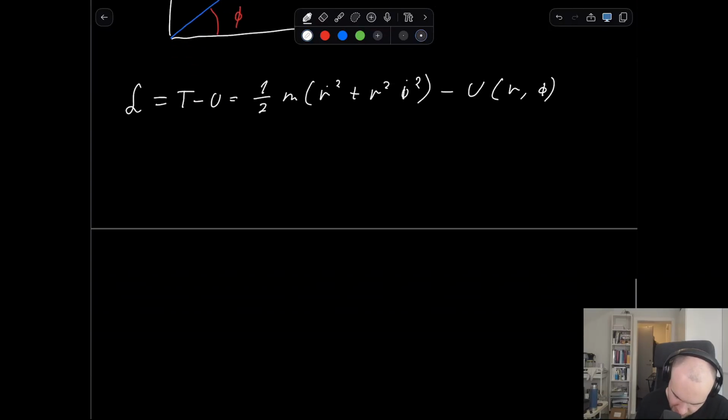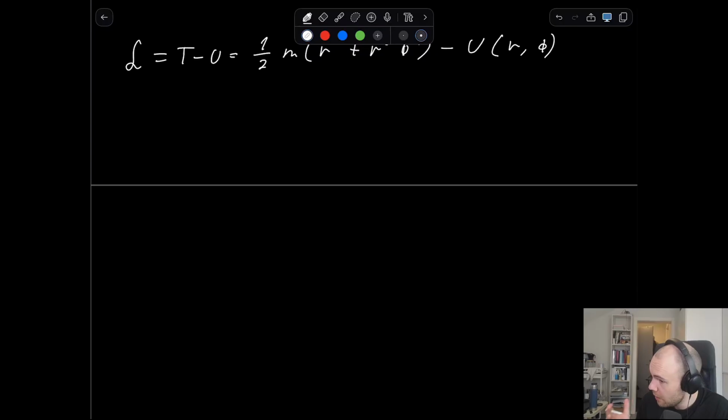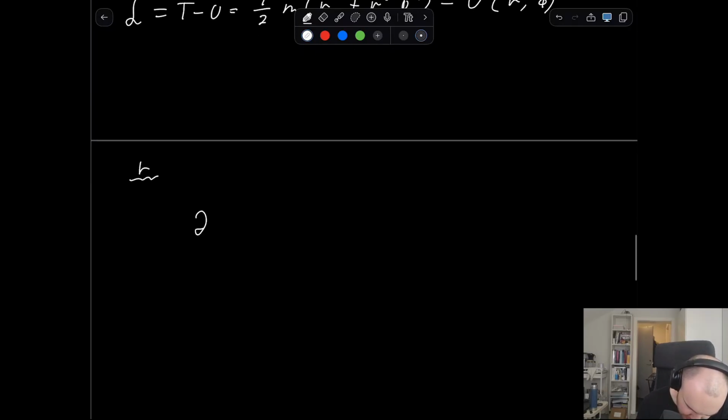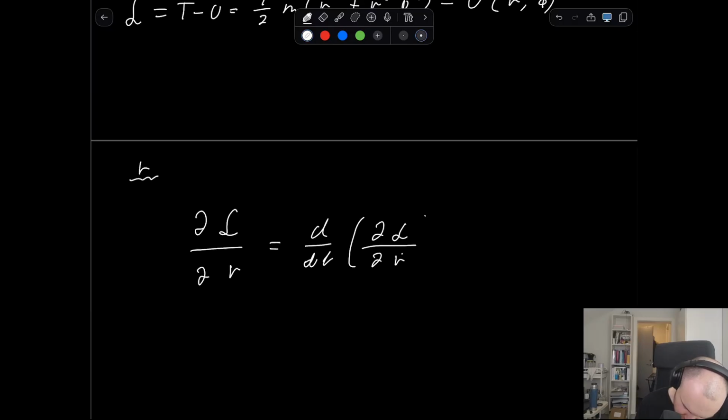Now we have two coordinates, so I of course have to do them separately. So I have the r equation. The r equation will be the partial of the Lagrangian with respect to r, equal to d over dt of the partial of the Lagrangian with respect to r dot.